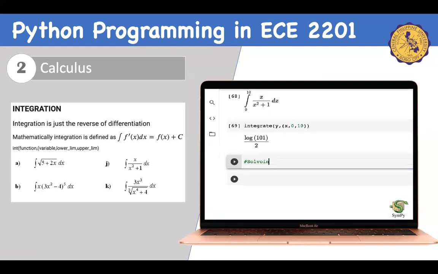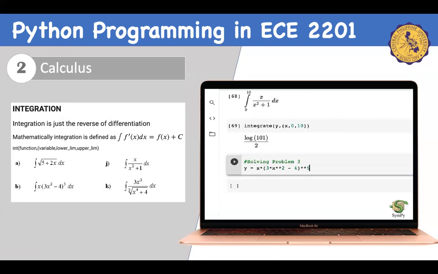All right. Now we are going to solve the third problem. Let me introduce y as your function of x equals x times (3x squared minus 4) all to the power of 5.